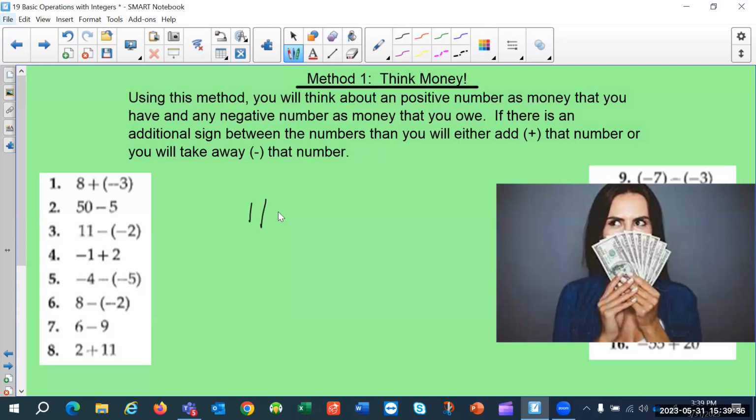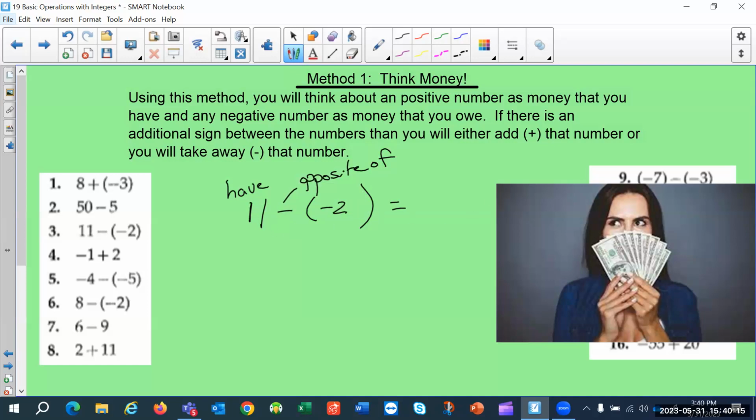Now we get to something that's very interesting. And this is one that tends to throw people, but this is where we're going to use the opposite. So we have $11. Maybe we have a $10 bill and a $1 bill, but somehow we have $11. But instead of owing $2, which doesn't make any sense, we're going to consider this as the opposite of -2.